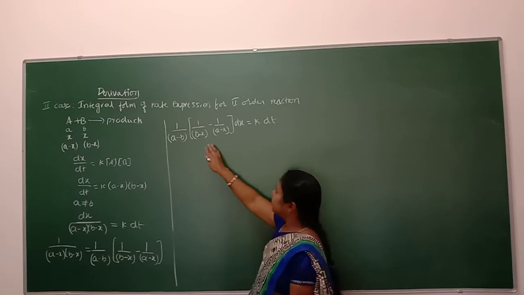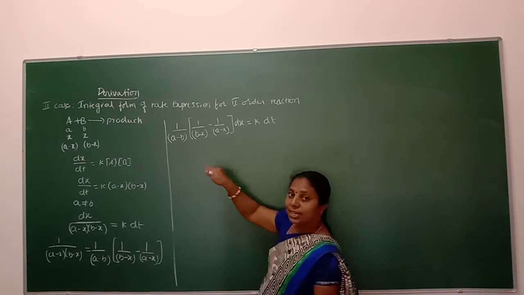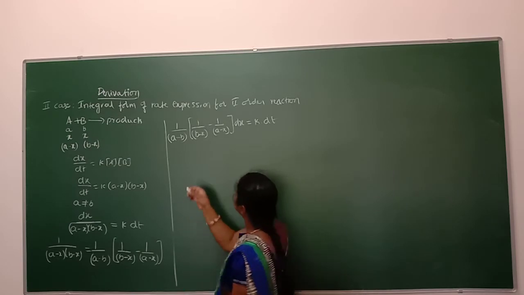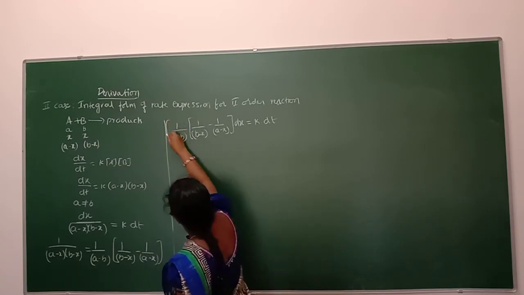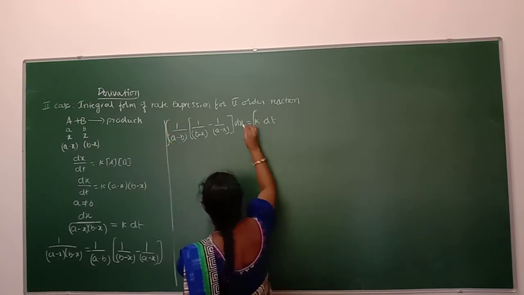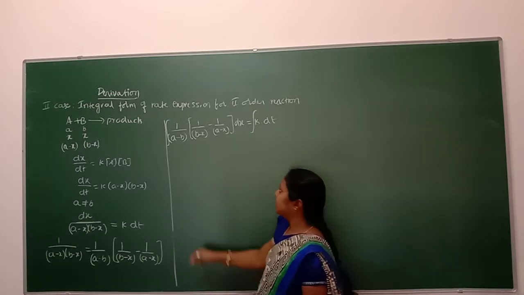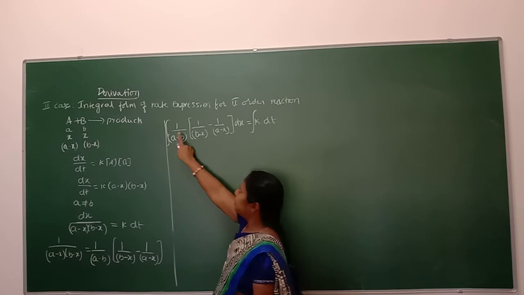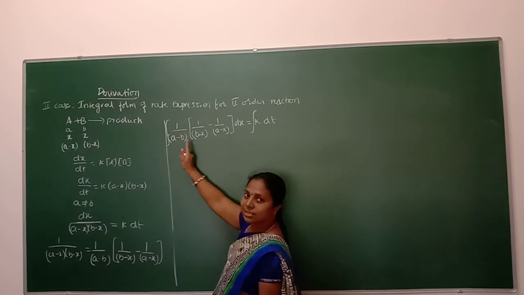Since we are deriving the integral form of the rate expression, we have to apply integration on either side, on the left side as well as on the right side. To simplify this, a and b are constant values, so 1 divided by (a minus b) remains constant.